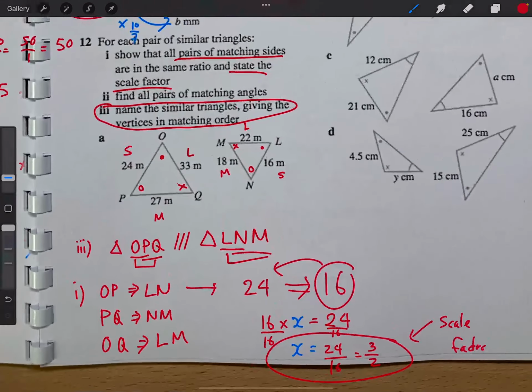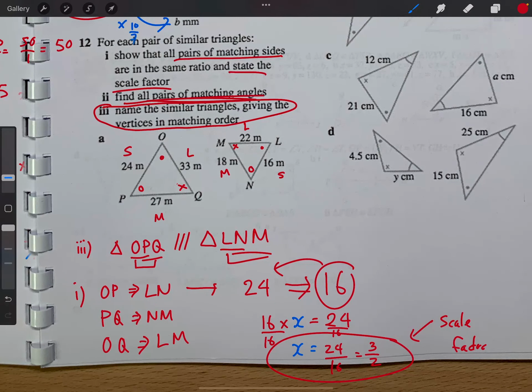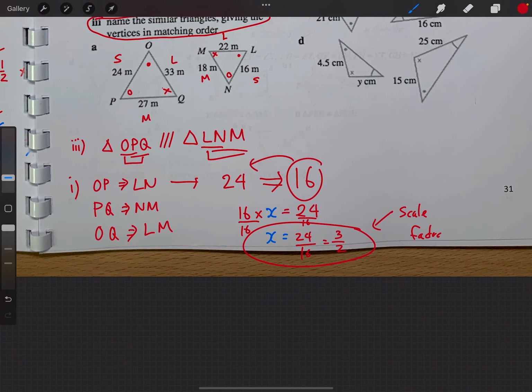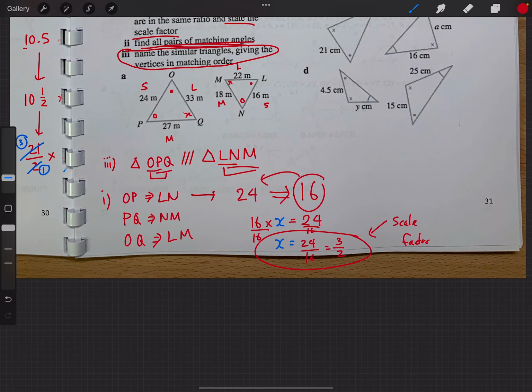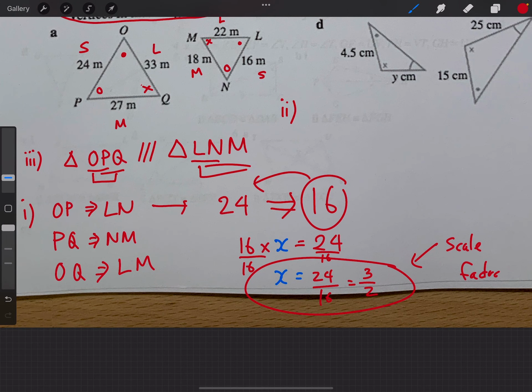Now it says find all pairs of matching angles. Not a problem. So for part 2, they want me to find all pairs of matching angles. I'm going to use this. Let me just rub out this part here.